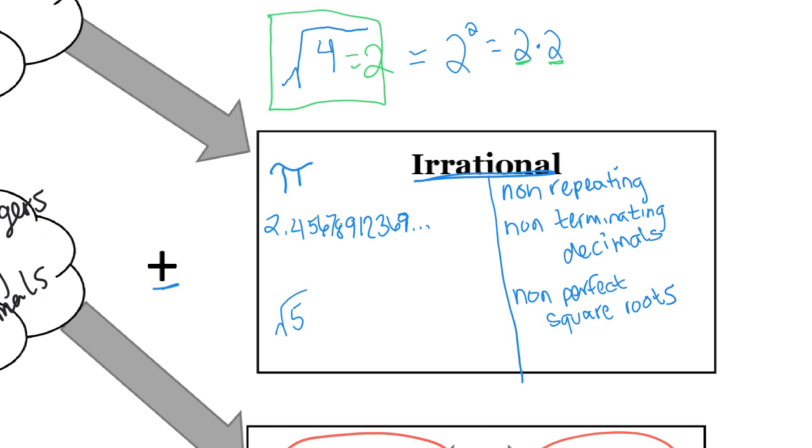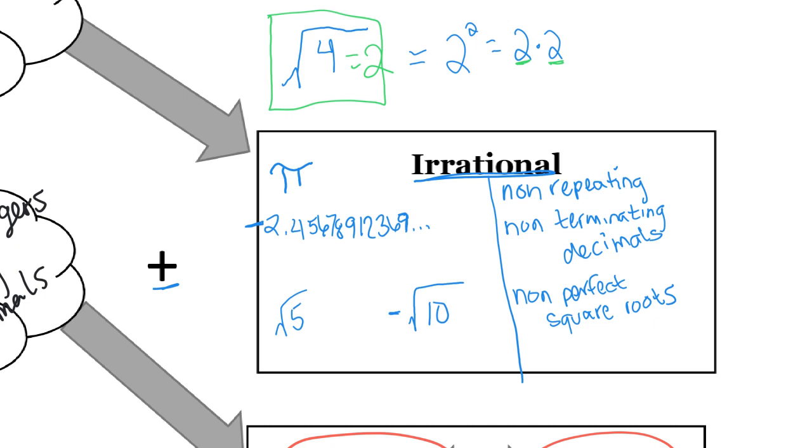So it's not a perfect square root. We could also put a negative number out front, and that's still irrational. Whether it's negative or positive, it doesn't really matter. These all build upon negatives, which are integers and all that stuff.